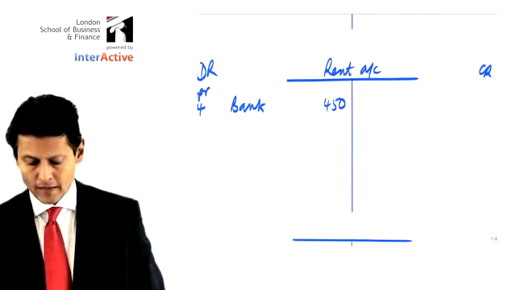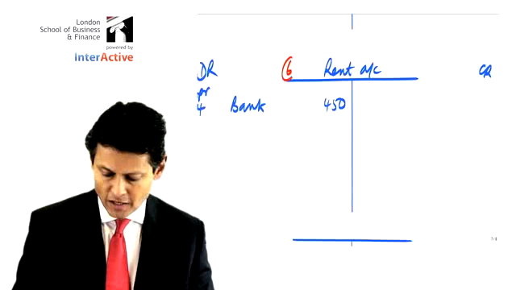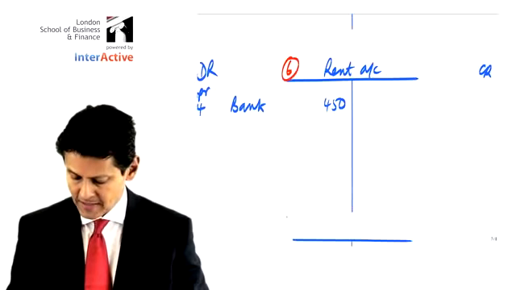We now turn to journal entry number 6, debit trade receivables and credit sales revenue. So let's turn to trade receivables. Rent, let's nominate number 6. We haven't got a trade receivable, so let's make that our 7th.